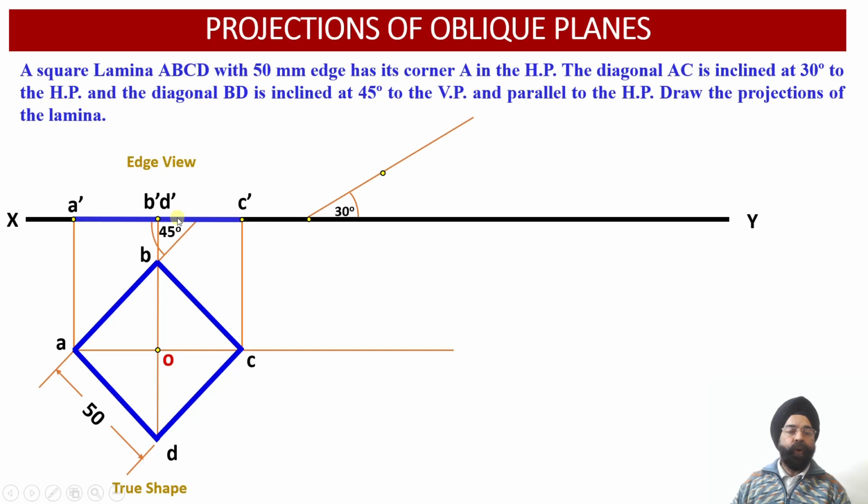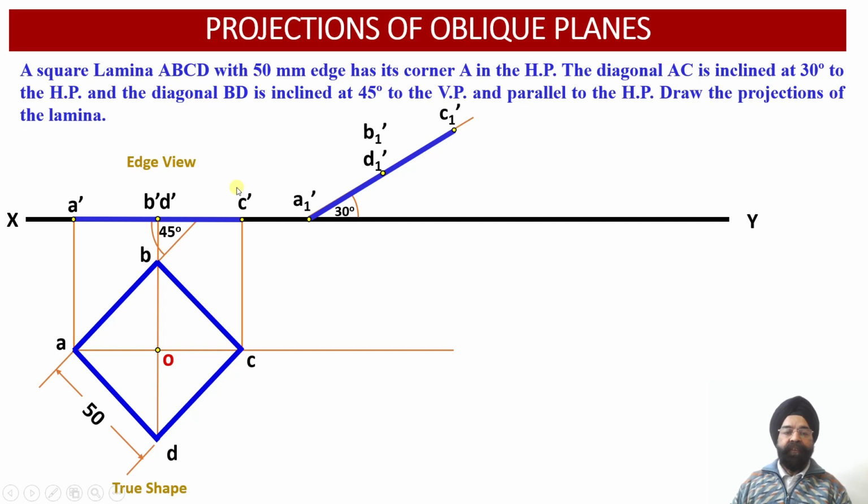These 3 points we are now going to mark in the new elevation projection over here in such a way that the distance between A dash and B dash, D dash should be equal to the distance between A1 dash and B1 dash, D1 dash, and similarly the distance between B dash, D dash and C dash should be equal to the distance between B1 dash, D1 dash and the point C1 dash over here.